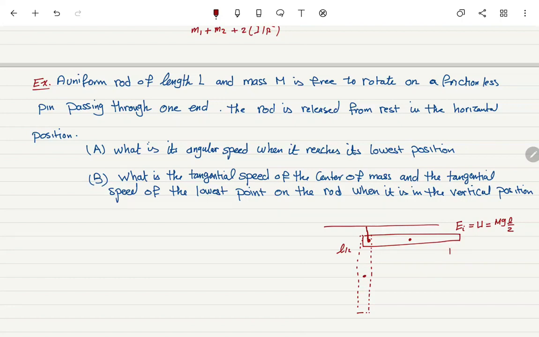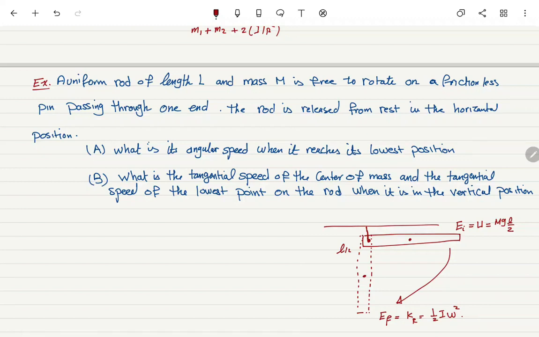Now at this final position here, the energy we have is the rotational kinetic energy, E final equals K rotational, or half I omega square.